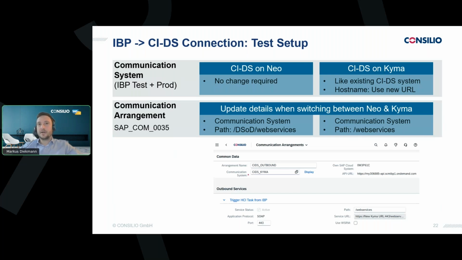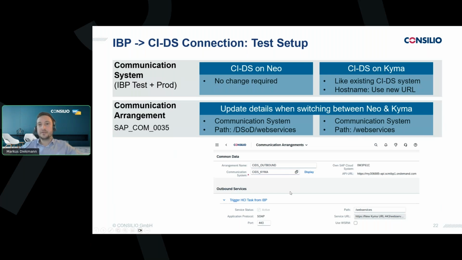We can do it by switching from the Neo to the Kyma communication system in your communication arrangement. You can see here in the common data section, there is a point with communication system. There you can change from one communication system to the other one.